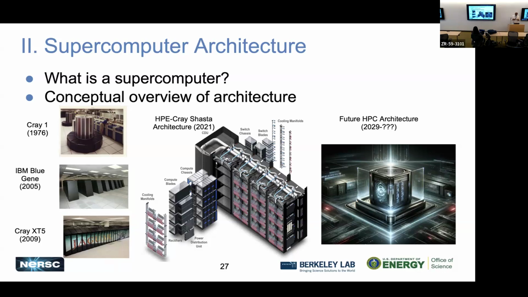But as science evolves and different workloads come into play, we need to evolve those systems. And that's what led to what more modern day systems look like, which contain different processing units, CPUs, GPUs, as well as various interconnects, as well as different hierarchies and memory structures. So this is kind of the idea of what we say when we talk about the architecture of a supercomputer.